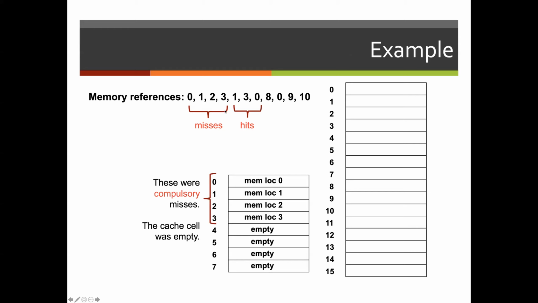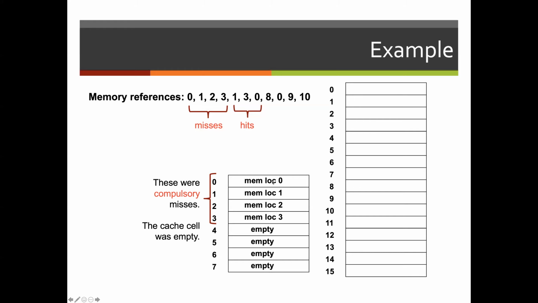The first time data is accessed, it is going to result in a miss. So 0 is going to result in a miss because it's the first time. 1 is going to result in a miss because it's the first time. Then 2 and 3.